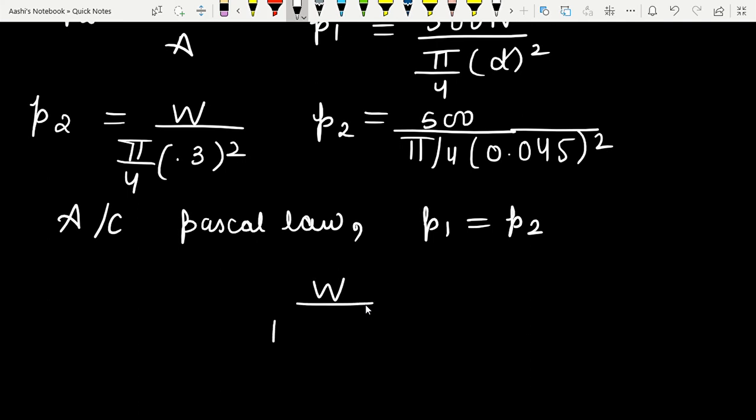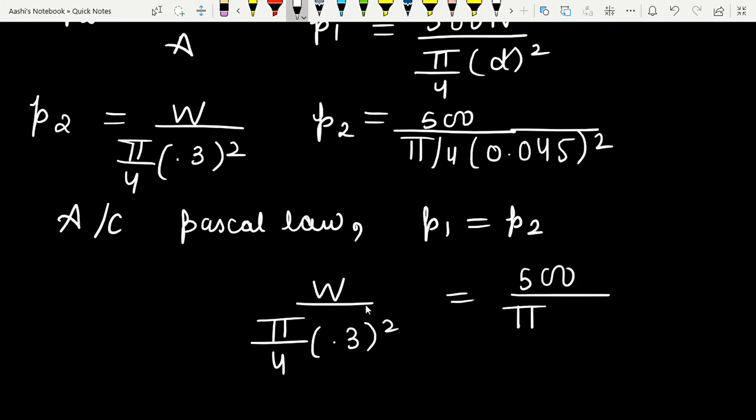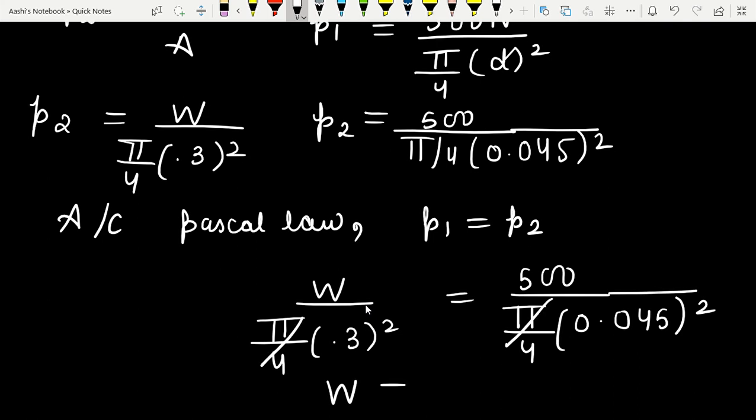W by pi by 4 into 0.3 square is equal to 500 divided by pi by 4 into 0.045 square. So the pi by 4 cancels out. When you solve it, you will get the W value as 222 kilonewton. Sorry, Newton.